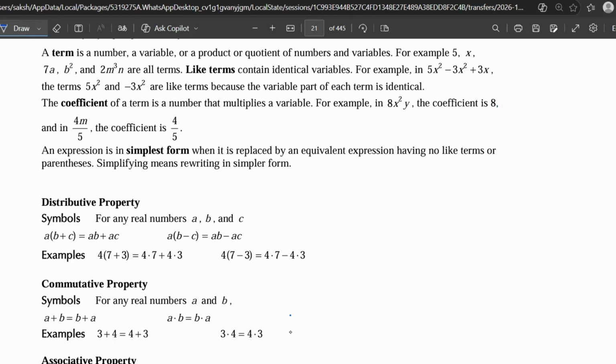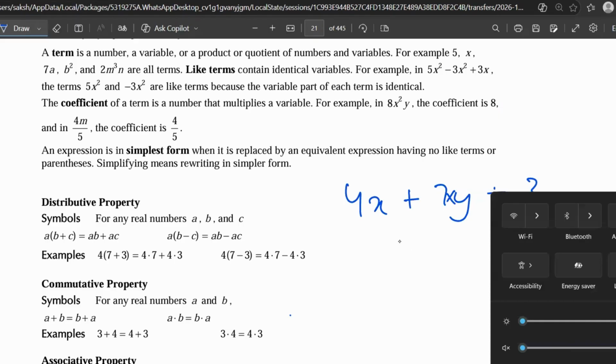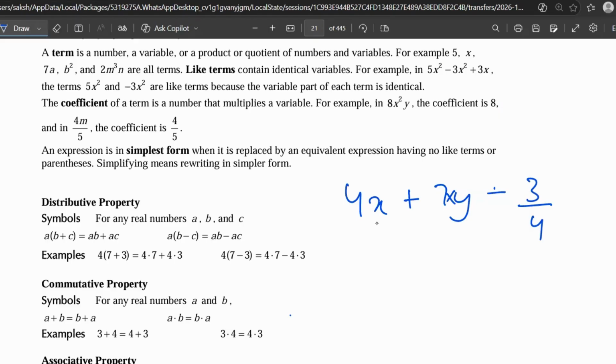If I say 4x plus 7y minus 3 times 3 divided by 4, how many terms are there? 3. Yes, because a term is defined by addition and subtraction. Multiplication and division do not define a term.